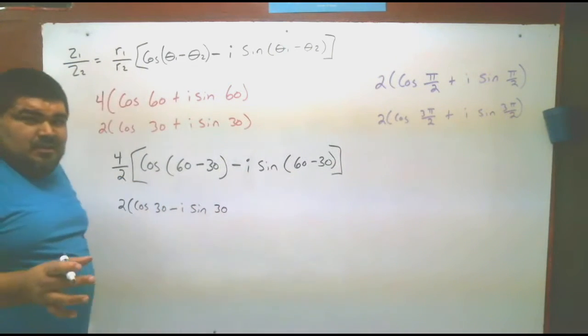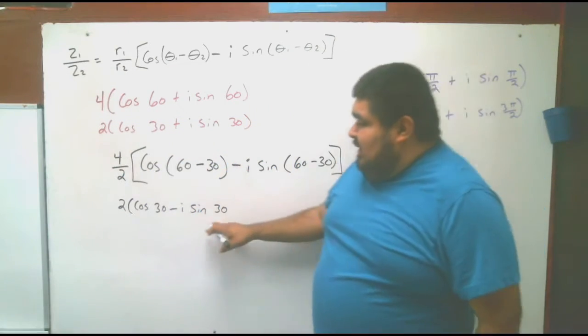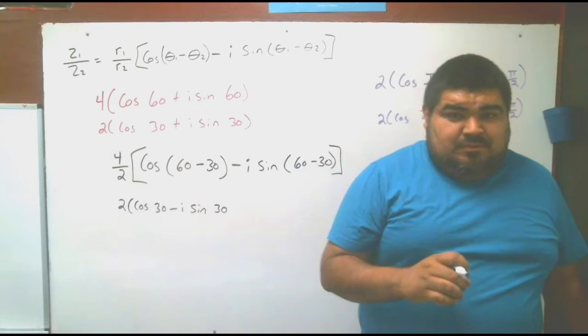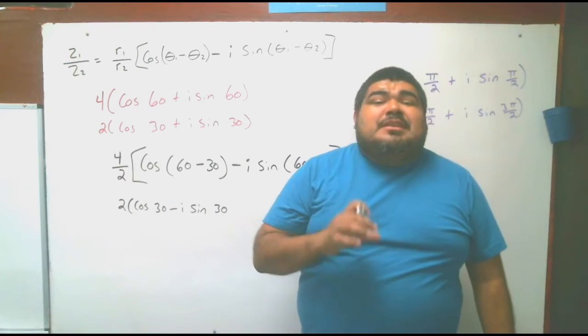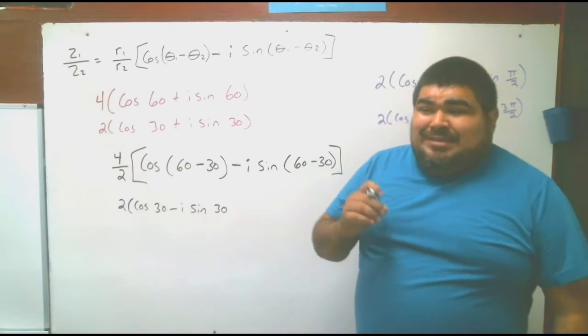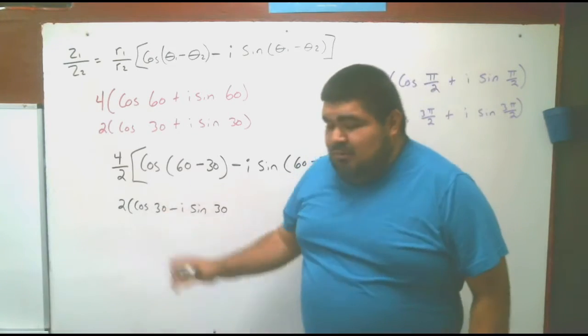Keep in mind, the angles in the cosine and sine of your equation are always the same, in degree form or radian form. The values of cosine and sine themselves might differ depending on the degree or radian, but the angle is always the same on both the sine and the cosine.